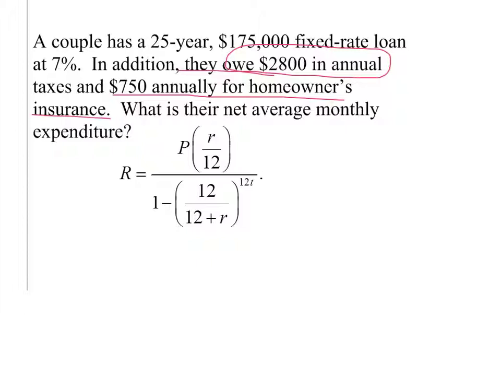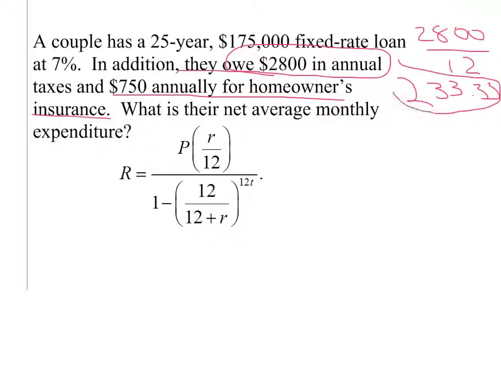So before we even start our monthly mortgage payment, we need to figure out how much we pay per month in those other two fees. So we would need to take our calculator and do 2,800 divided by 12 because it's annually. So we would end up paying $233.33 just in taxes alone.